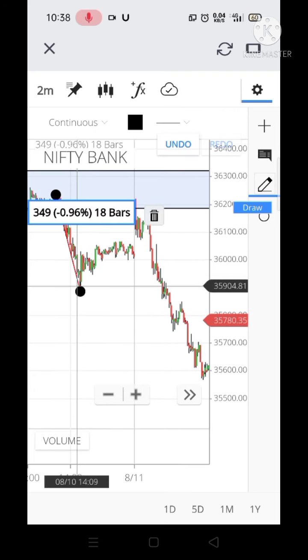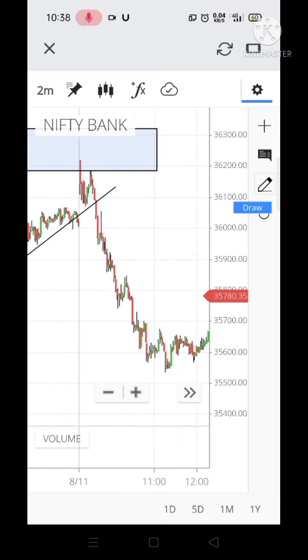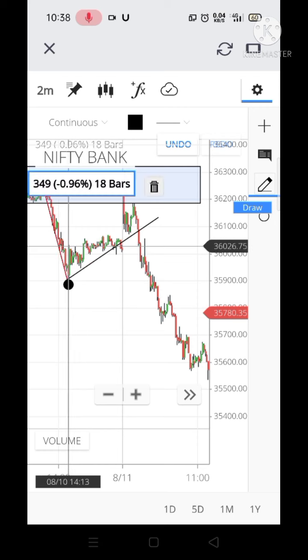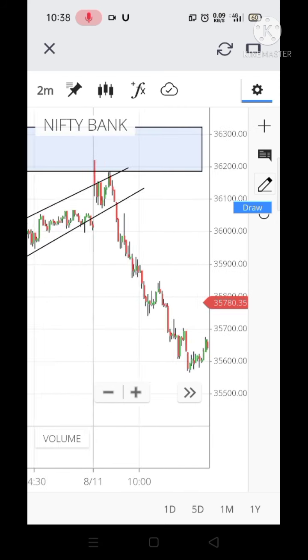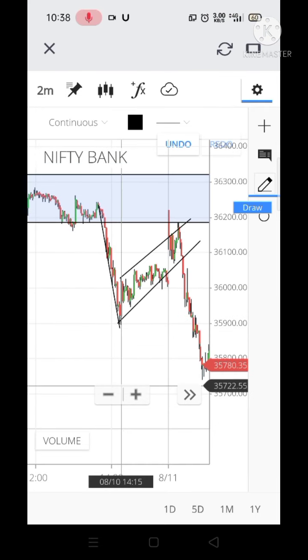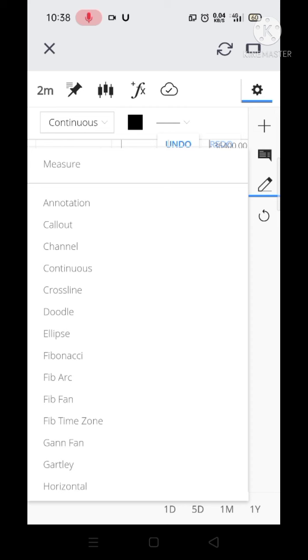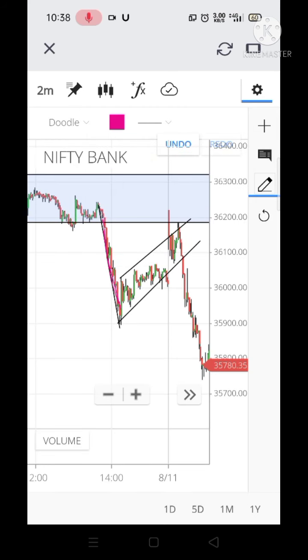Sorry, I told you there is a glitch in Zerodha. So this was the pattern, some sort of pole and flag. This is the pole, and this is the flag.